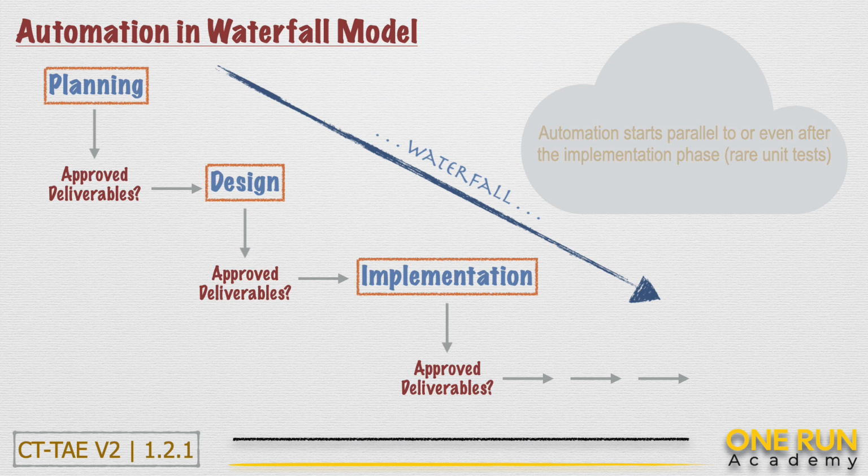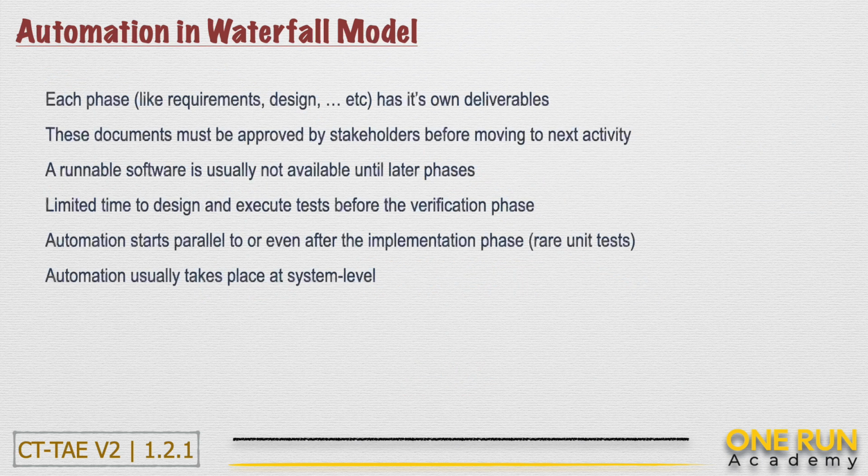This drives us to the conclusion we have mentioned earlier. Test automation in the waterfall model is more focused on the system level functionality. So I think this wraps up how automation is applied in the waterfall model. As you can see, a pretty straightforward old school development and testing process.